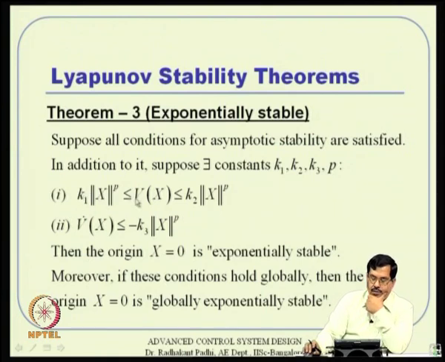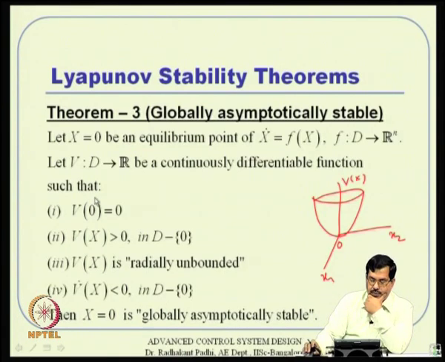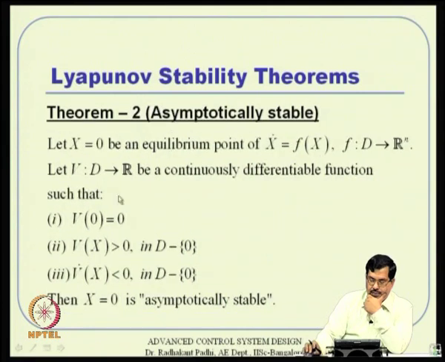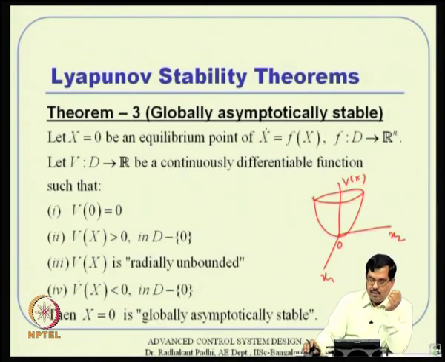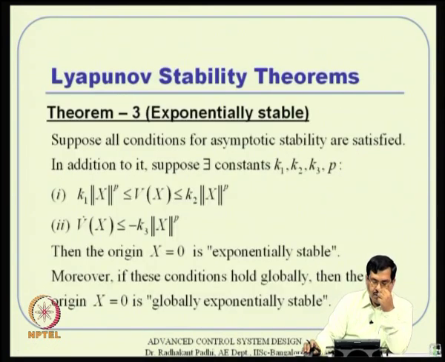The asymptotic stability conditions are already there with us. We want to see whether the exponential decay is there or not. If you want to conclude that, this is the condition that restricts our selection further: V of x has to be bounded between these values, and V dot of x should always be less than or equal to minus k3 times norm of x to the power p.